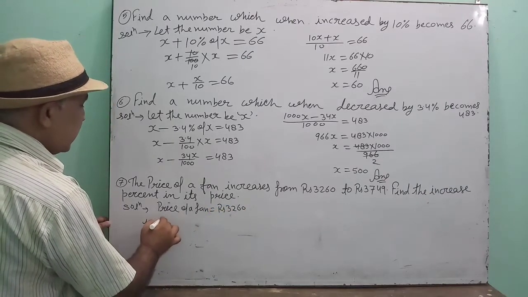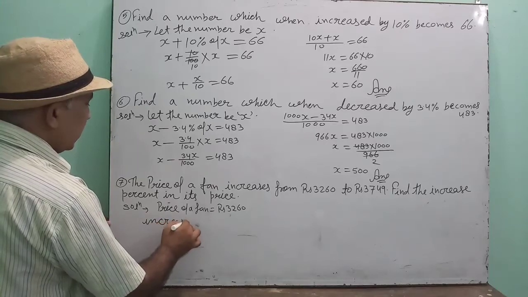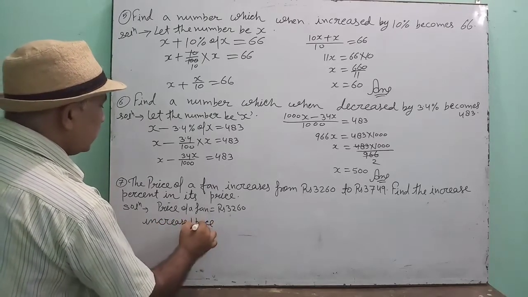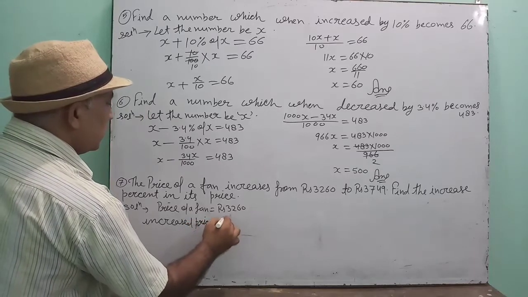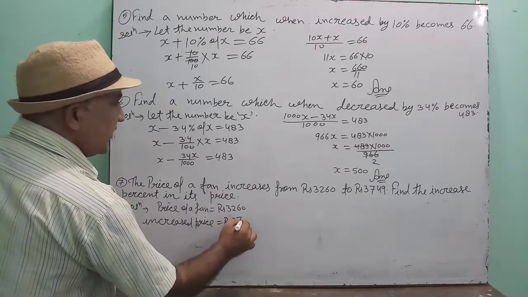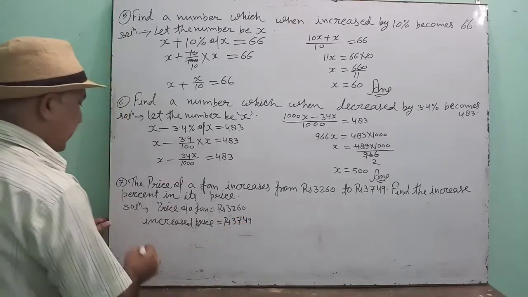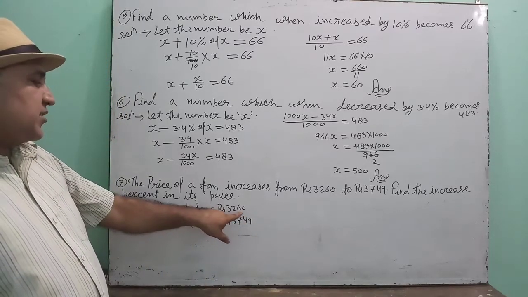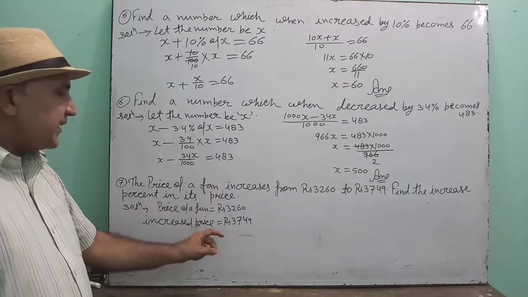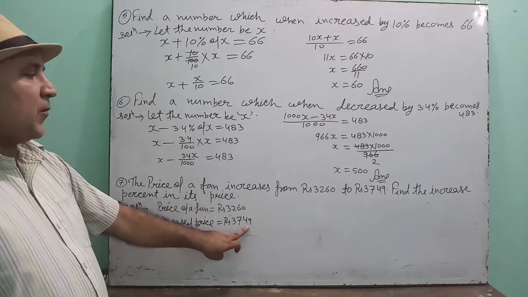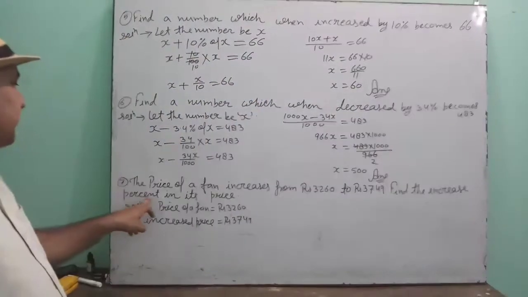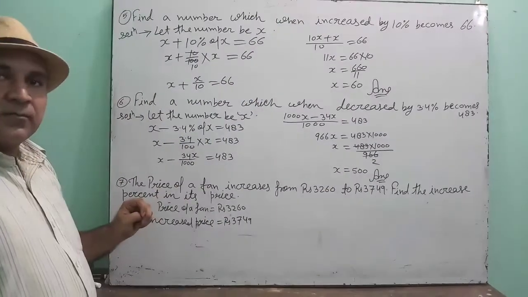When the price is increased, then the increased price becomes rupees 3749. Is this clear? Then the question is asking, find the increased percent in its price.